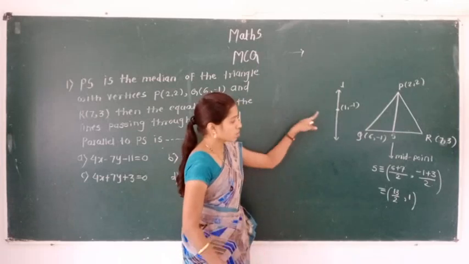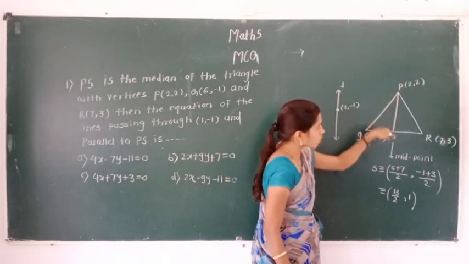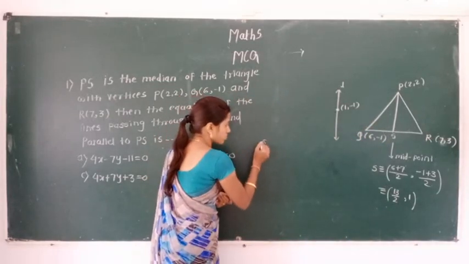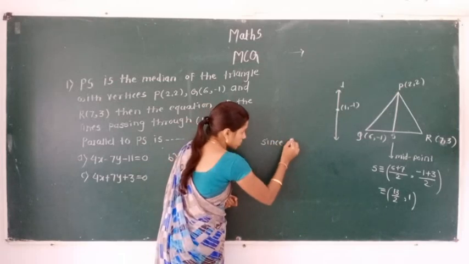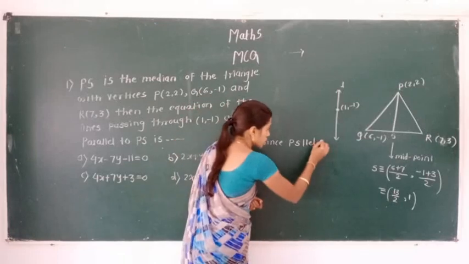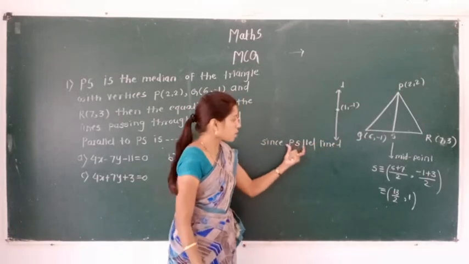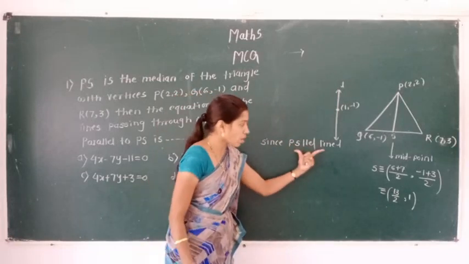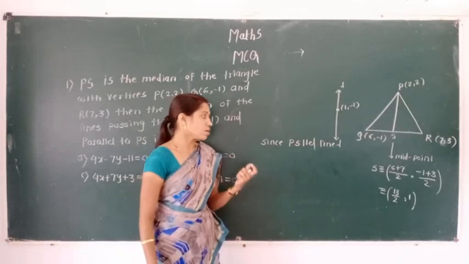Okay. Now first of all we have to find the slope of line PS, because line PS is parallel to the line L. The required line is parallel to the line segment PS, and we know that if two lines are parallel, then their slopes are equal.